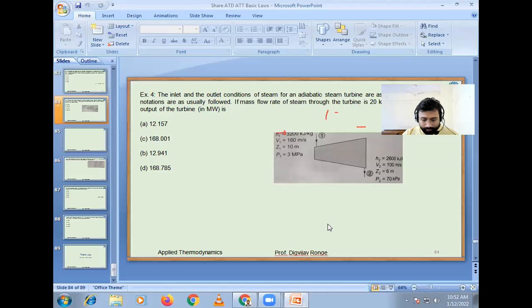Let us see if we can solve it. For a moment I will turn off this screen share, and then we can go to the next example. I will copy that numerical into the PPT.